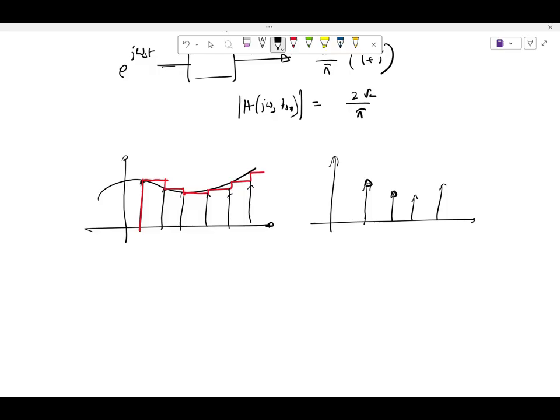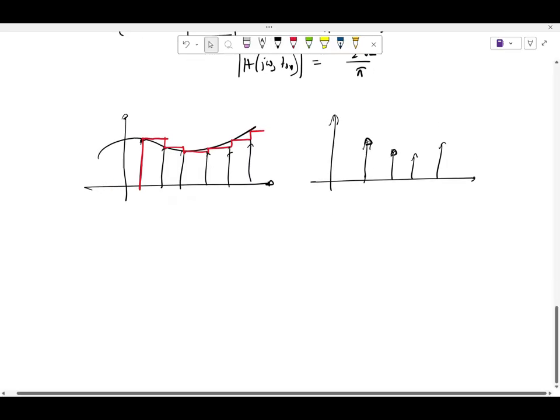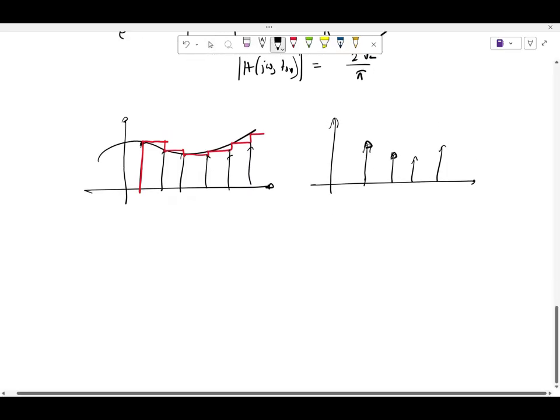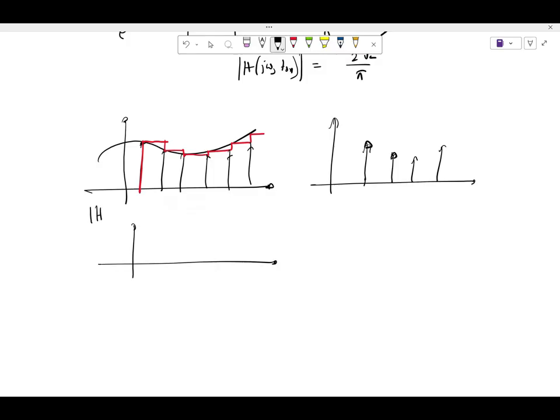So what is a mathematical model of zero order hold? That's what I'm after. Because if you think about it, in our case, what did we do? We basically said that we are finding out H of j omega T on, which means that I have values at T on plus Ts, and so on.